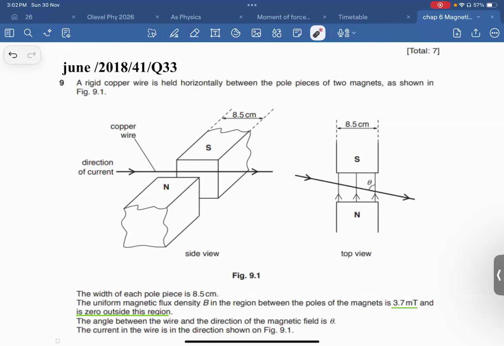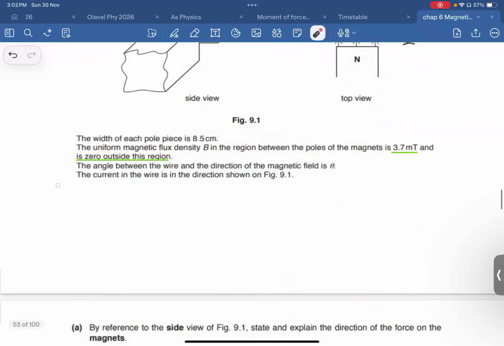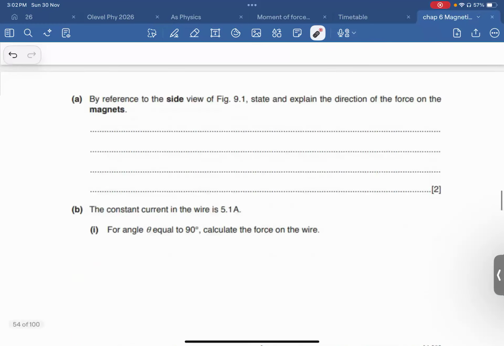And what else can we say? One second. Explain the direction of the force on the magnet, by the way.